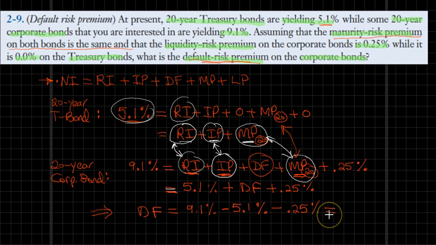Making this calculation, we find the answer to be 3.75%. So that would be the default risk premium of the 20-year corporate bond. That solves our problem.